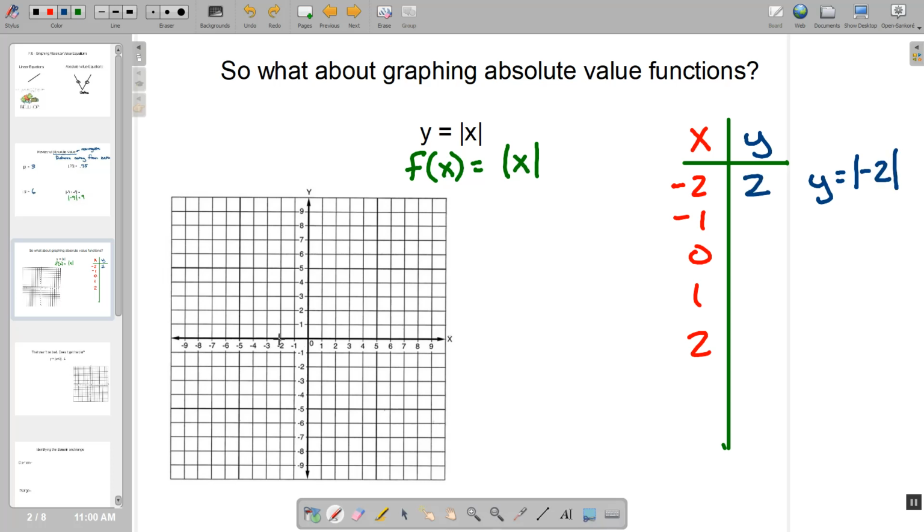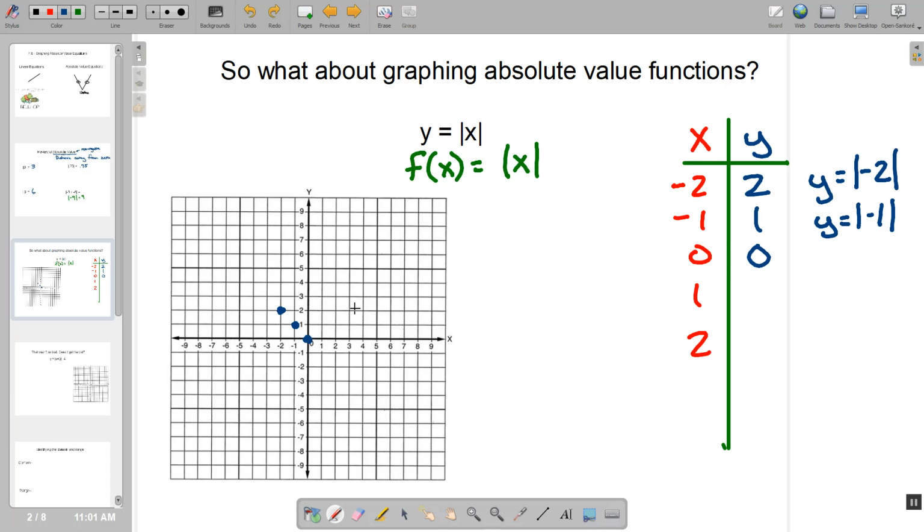That ordered pair is right here. Then we look at the absolute value of negative 1. That's equal to positive 1, and that's right here. And finally, the absolute value of 0 is 0, so we're right there.